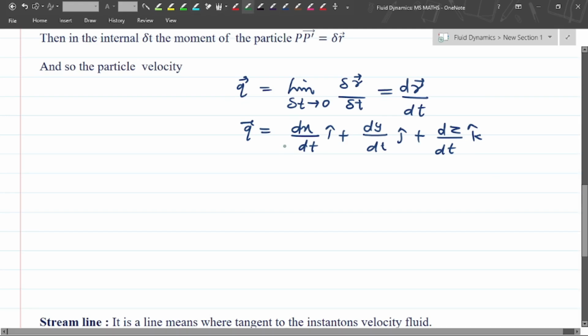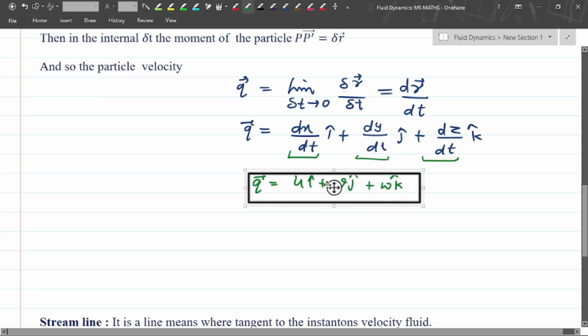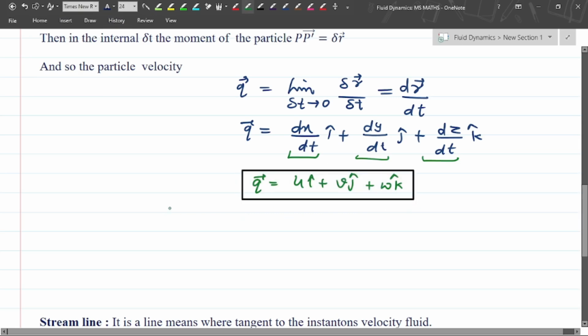Now all these components individually represent a component of the velocity. Velocity is a vector quantity, so basically it is u i cap plus v j cap plus w k cap. I say it is the velocity of the fluid particle.